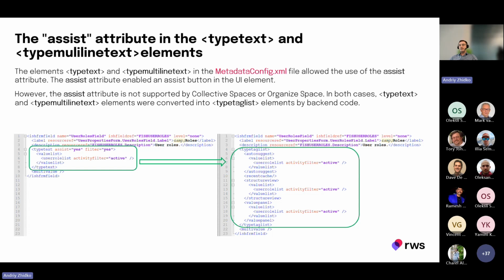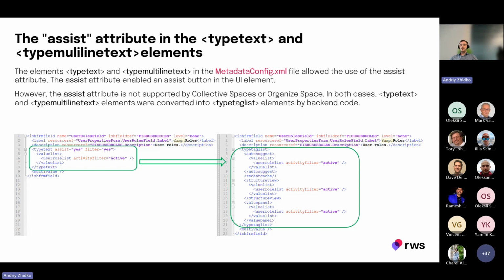This assist attribute was supported only by client tools code, inside API 2.5, and in Organized Space and collective spaces that are using OpenAPI and the XAPI underneath. It required a conversion in the API layer to type tag list elements.